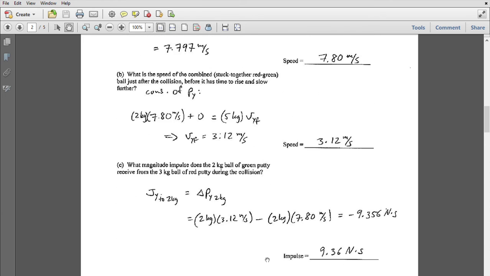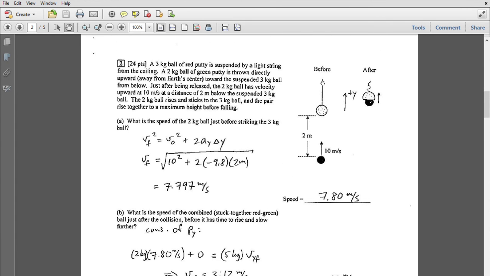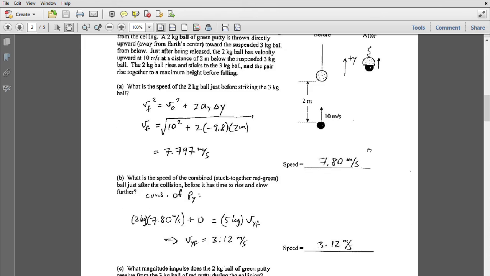What magnitude impulse does the 2 kilogram ball of green putty receive from the 3 kilogram ball of red putty during the collision? So in this case, we're just asked for the magnitude. What we're going to do is calculate the y impulse component. If we take the same convention up here, y was up.